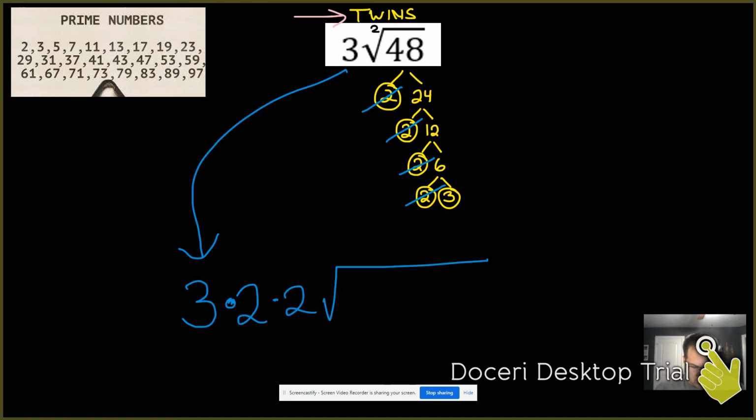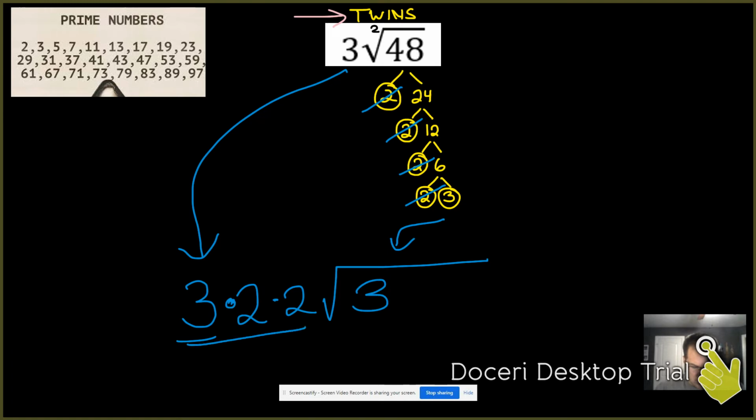To repeat what just happened here, that 3 is the one that was already outside the radical. There are 2 twos because there were 2 sets of twins. This 3 doesn't have anybody to partner up with, so he is stuck still inside the room.